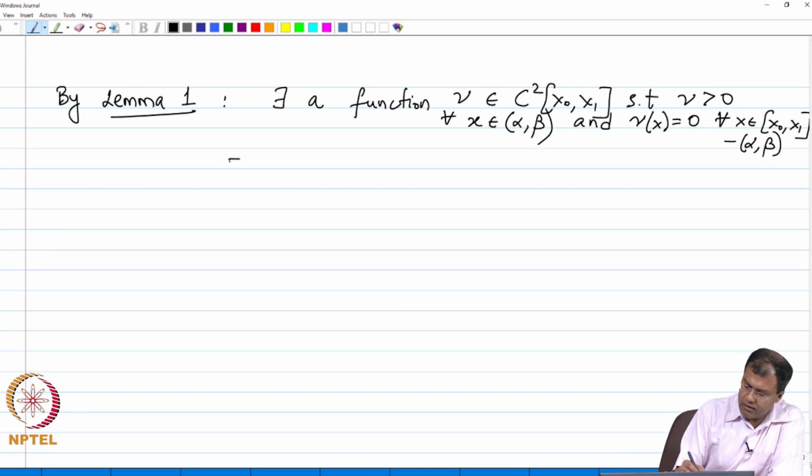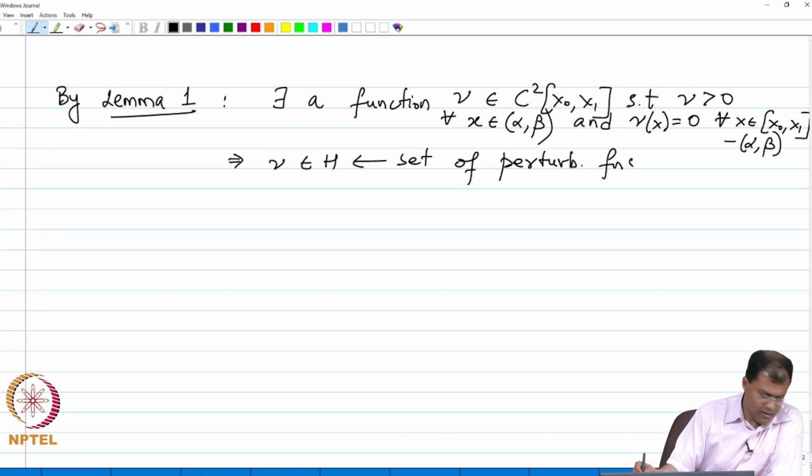So, which means that nu belongs to the set of perturbation functions. So, my H is the set of perturbation functions, right.